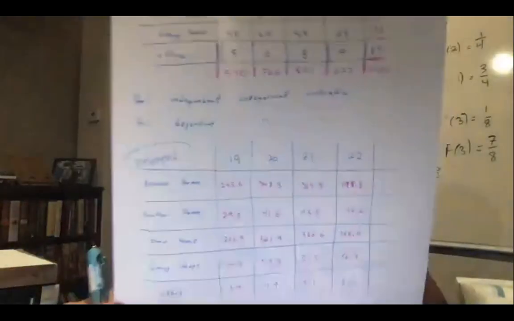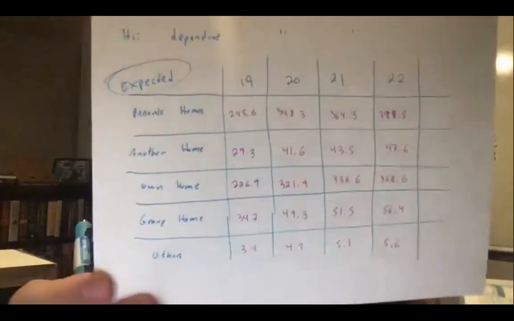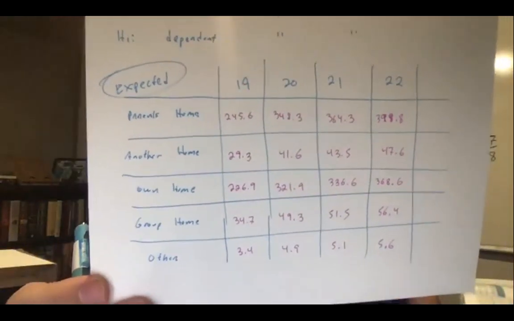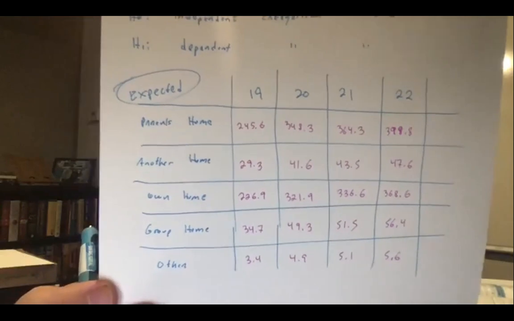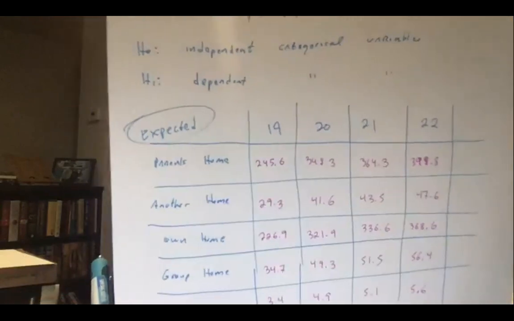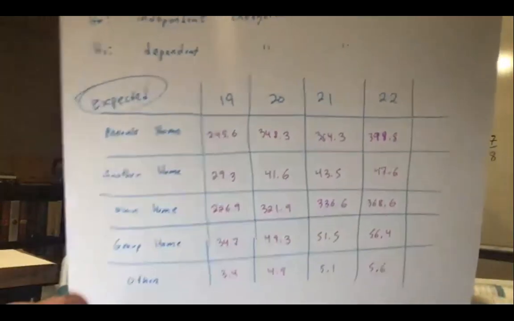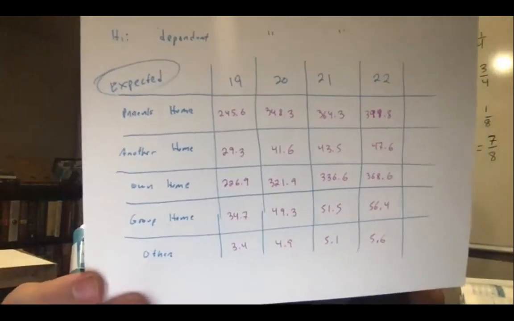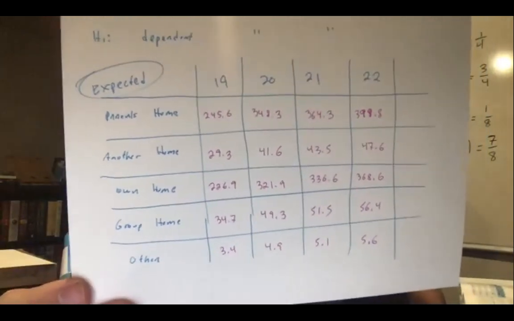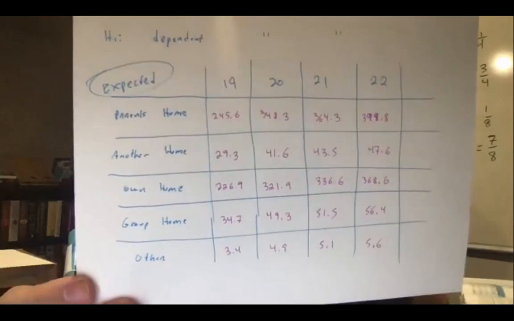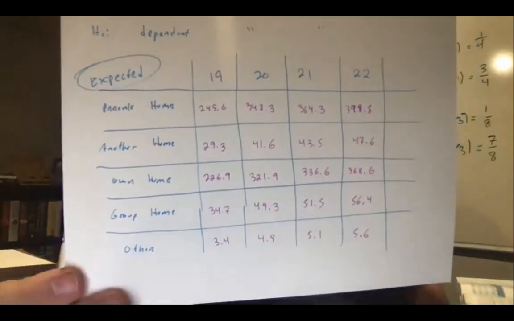These are the numbers that we expect to get if the two categorical variables are really, truly independent. Now, I didn't explain why that's the reason. I'm just giving you the algorithm, the steps to solve this problem. But the second table that we created are the numbers that we would expect if the two variables really were independent.